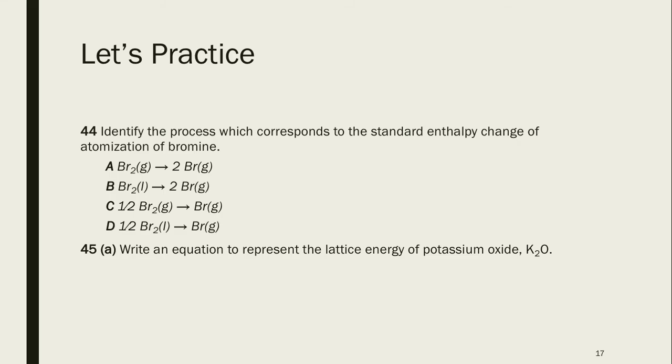Bromine, hopefully you remember, is a liquid in its standard state, so that automatically excludes A. But, well, it excludes A and C. So that only leaves us with B and D. But we only need one atom. So that means D is going to be your answer. We don't need 2 bromine atoms, we only need 1. From liquid bromine into standard state.